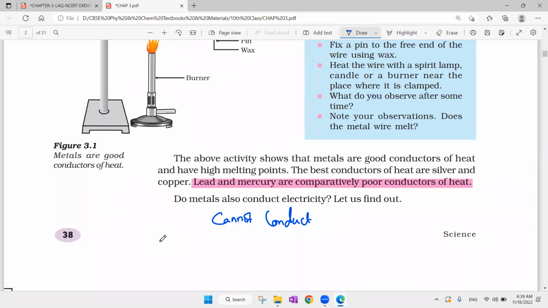Sir, but it conducts in liquid form, no, sir. No, here the thermometer works with the principle that liquids expand on heating. Not only liquids, metals also expand on heating, isn't it?